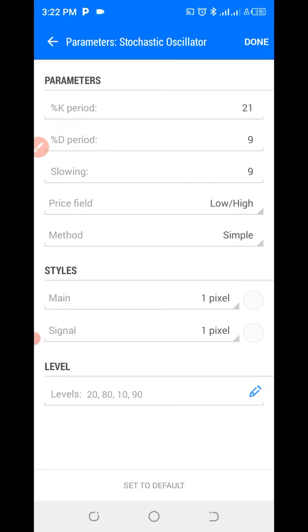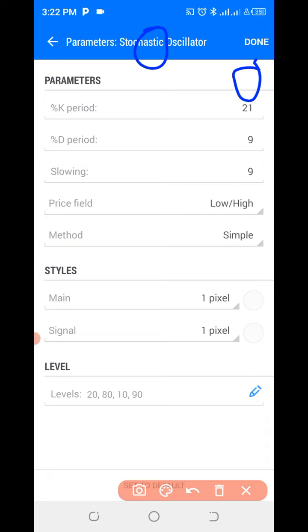Then the D period is 9, the slow period is 9, price field is going to be low/high, method is going to be simple. Now the difference there is that, if you remember very well, on the moving average the method is exponential, while on this stochastic oscillator it is simple.